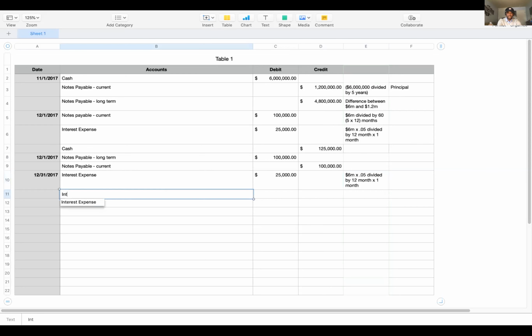But we didn't pay it yet, so instead of recording a credit to cash, we record a credit to interest payable for $25,000.